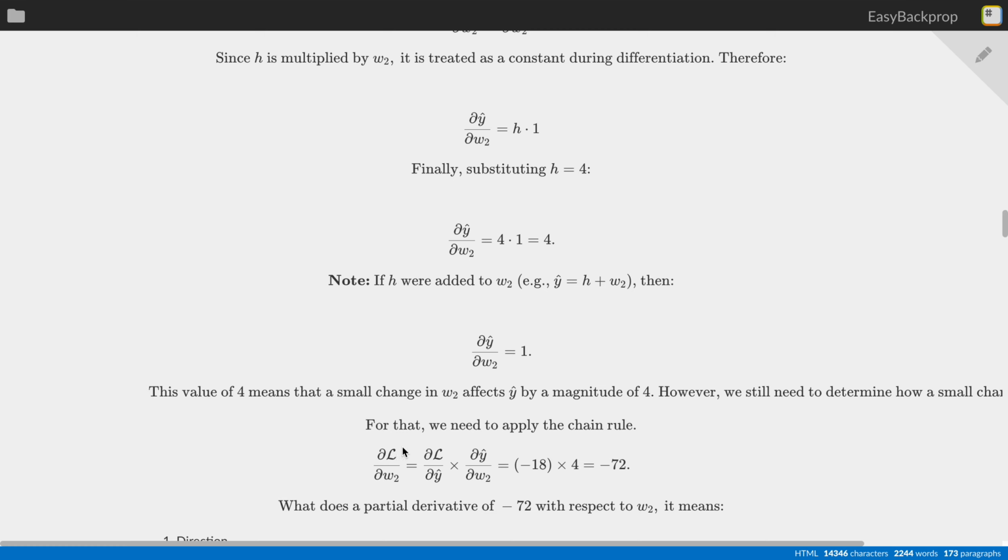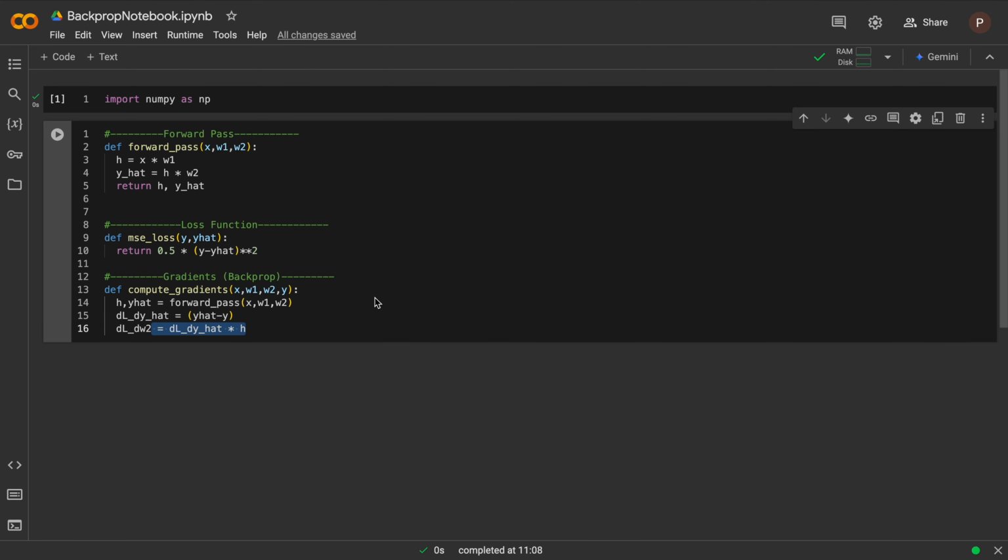The partial derivative of the loss with respect to w2 is going to be equal to this gradient, the partial derivative of the loss with respect to y hat, times the partial derivative of y hat with respect to w2. And if you look at the value of this last term over here, it is simply h. Right? Because we've calculated this in the previous video, it's h times 1, so it's simply just h. Okay, so this is going to be equal to dl_dy_hat times h.